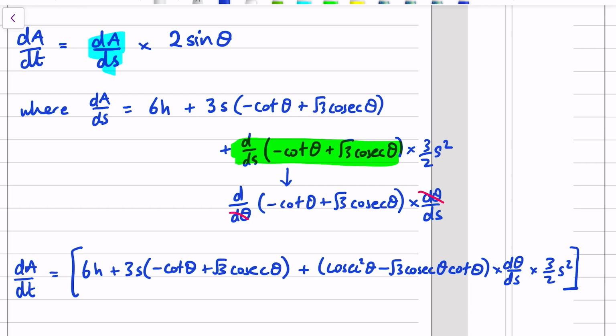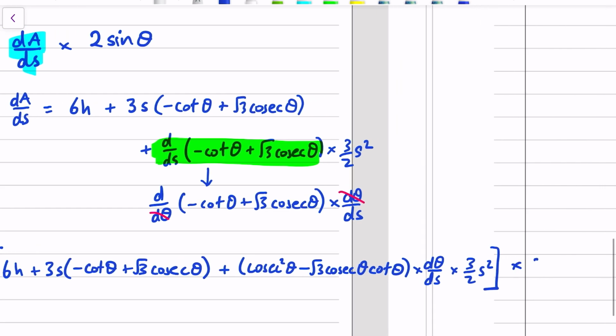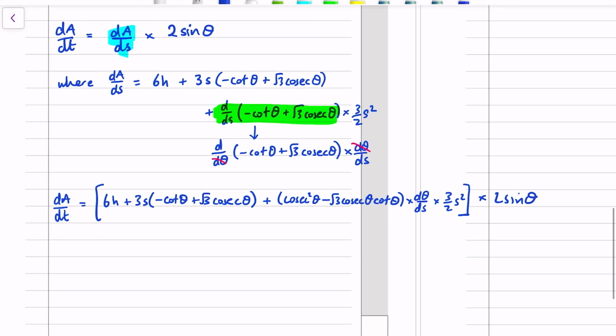What else have we got? Oh, all of that is dA ds multiplied by 2 sine theta. Alrighty. Like I was saying, we don't know what d theta ds is, but fortunately, for this particular value of theta, for theta equals 54.7 degrees, it turns out that this stuff here in yellow is equal to 0.